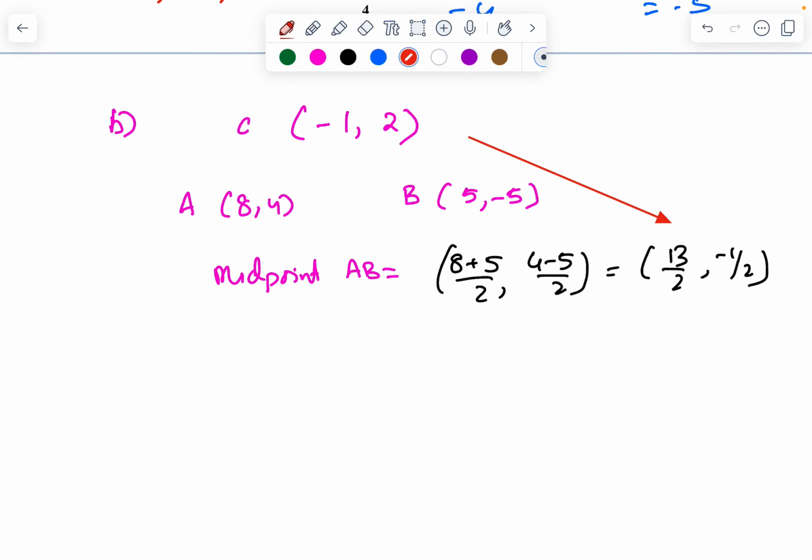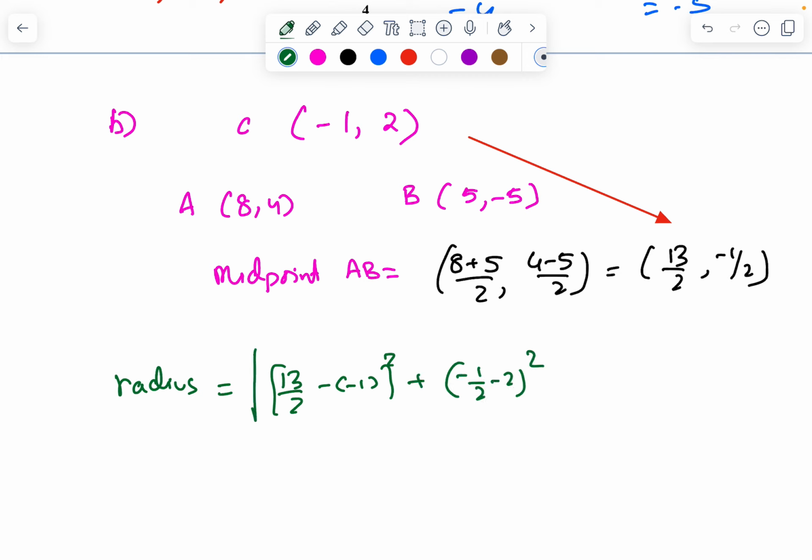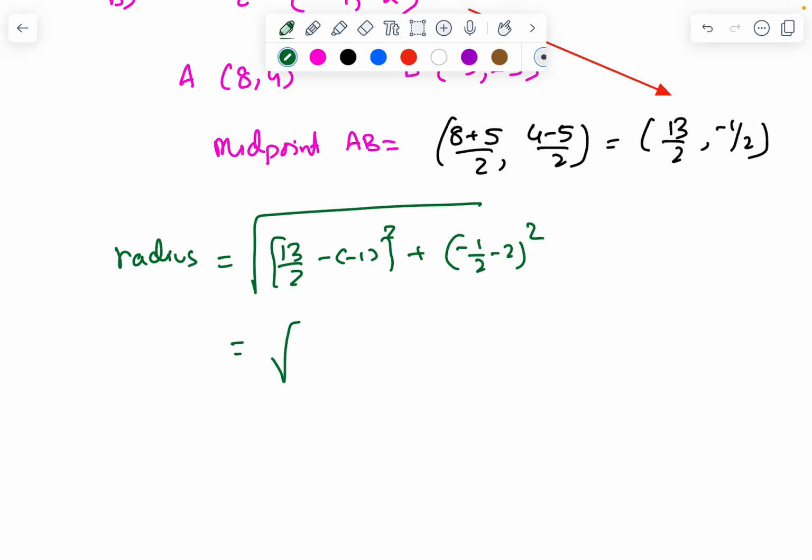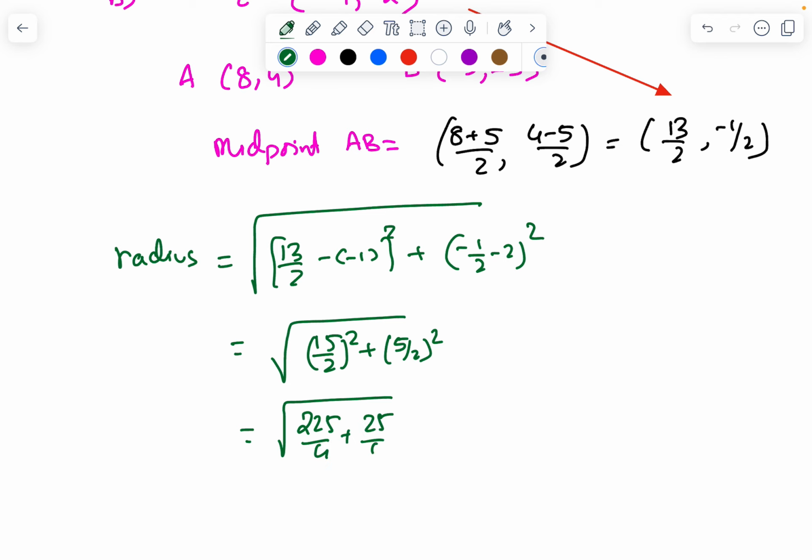So what is that? Radius equals the square root of (13 upon 2 minus of minus 1) whole square plus (negative 1 upon 2 minus 2) whole square. So which is nothing but the square root of (15 upon 2) whole square plus (5 upon 2) whole square, which is square root of 225 upon 4 plus 25 upon 4, which is square root of 250 upon 4.